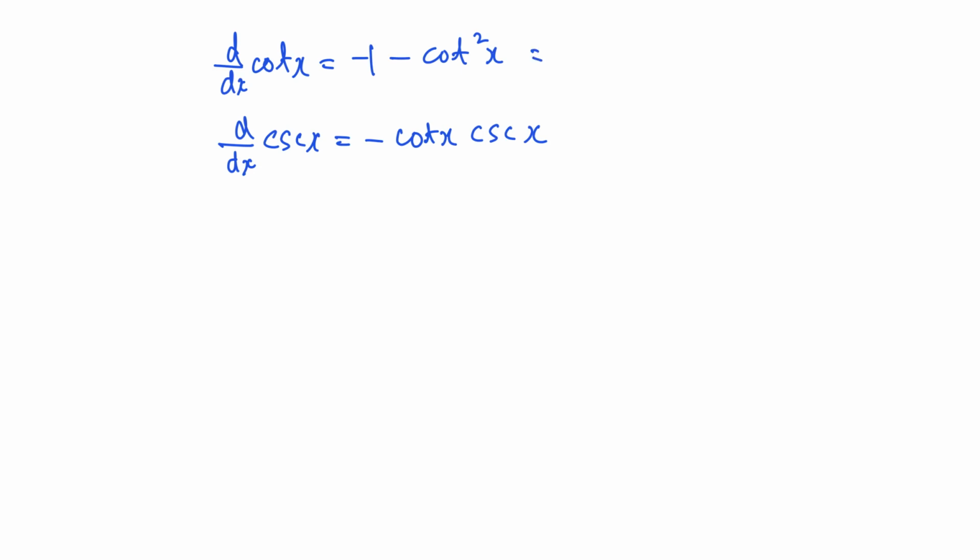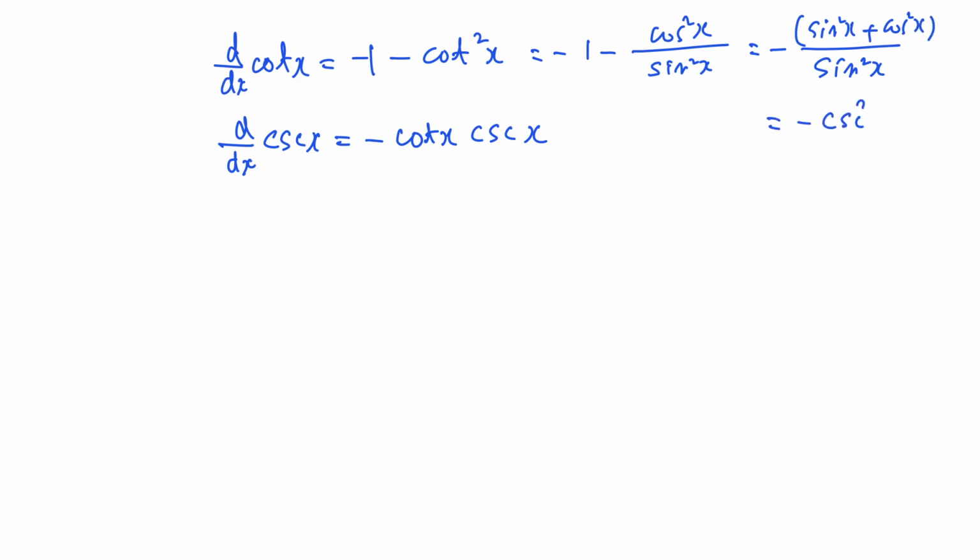Which is minus 1 over sine squared x, minus cosine squared x over sine squared x, which is minus (sine squared x plus cosine squared x) over sine squared x, which is minus csc squared x, right?